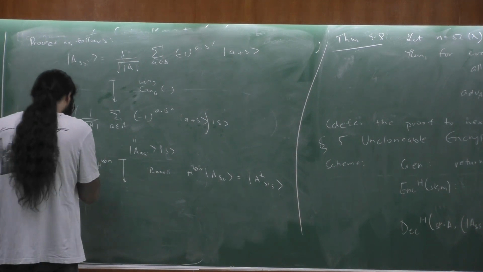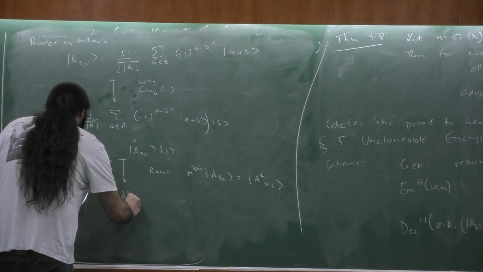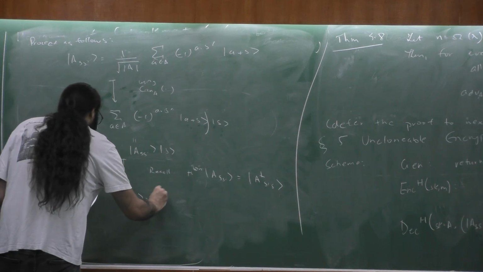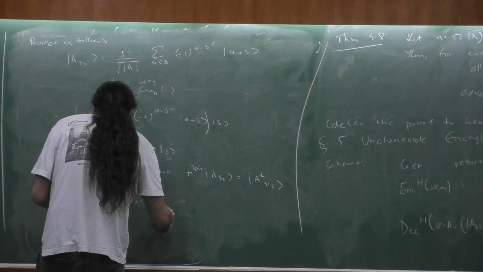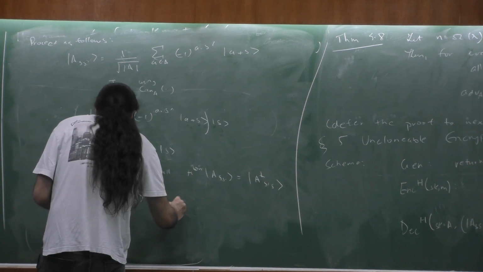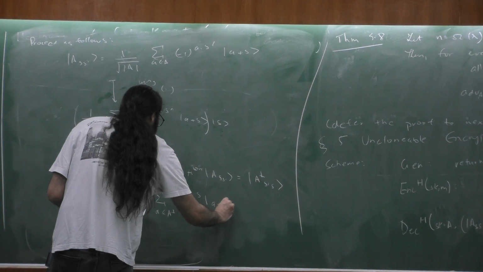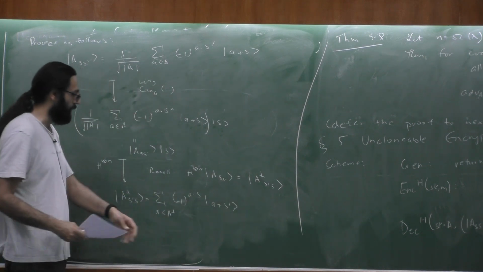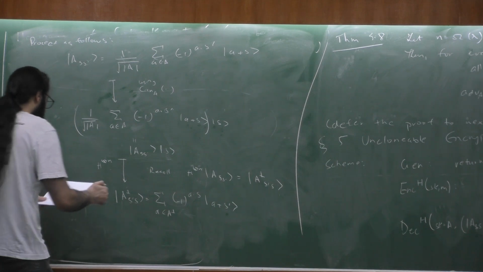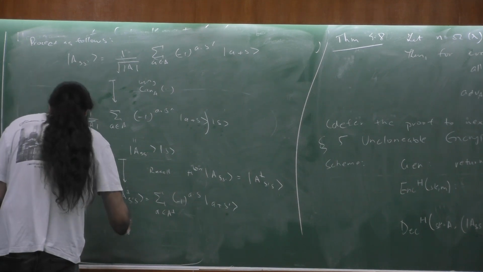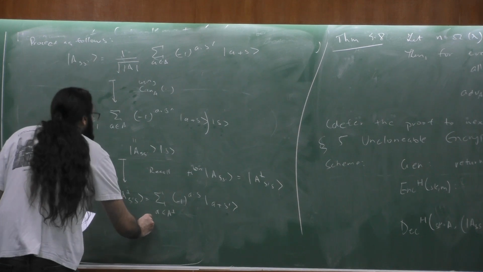So what does that give us? It will give us A perp, S prime, S, which is the sum over a in A perp of minus 1 to the a dot S, a plus S prime. That's what we wanted: S prime to come somehow outside. And now we can run the same algorithm. You can use canonical.